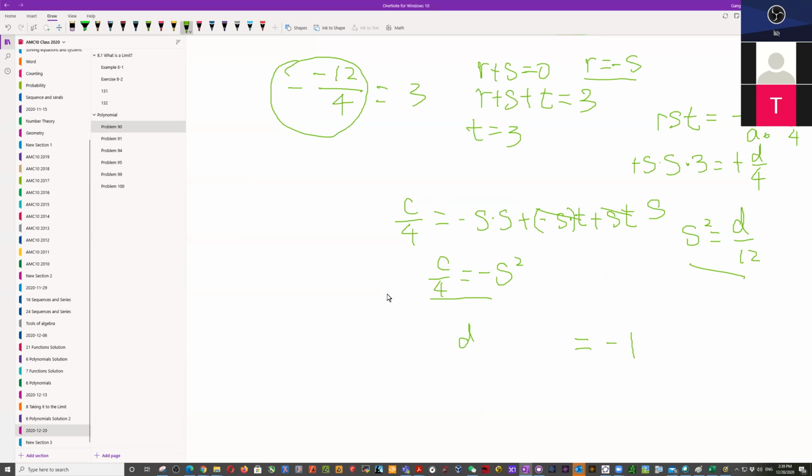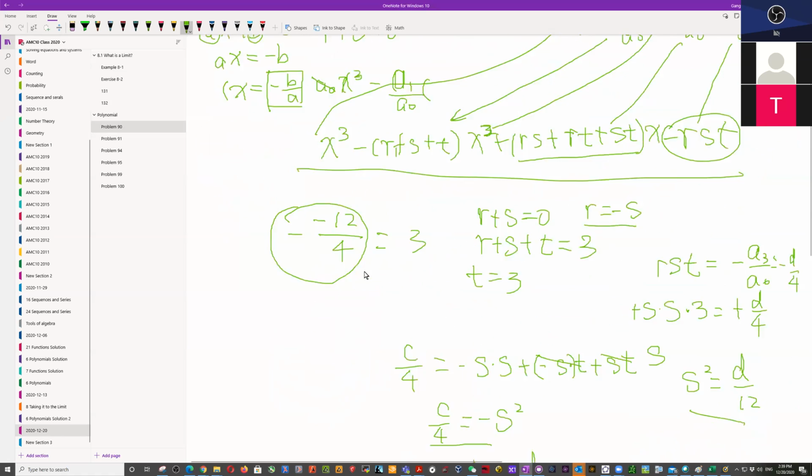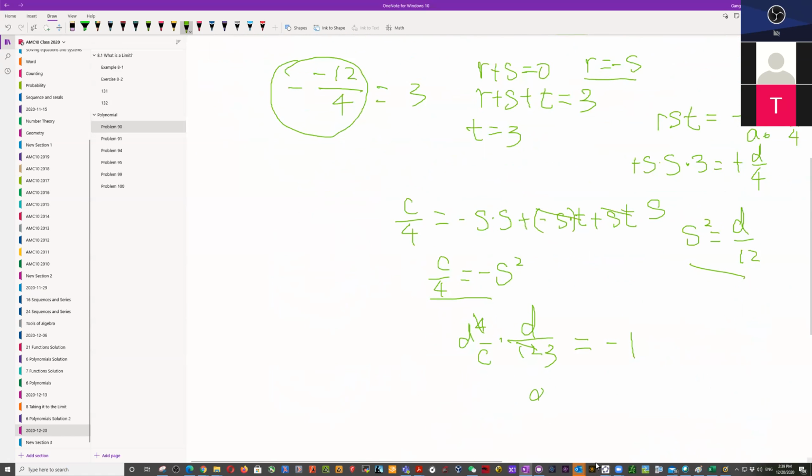So the other side is D over 12, and D over 12 divided by C over 4 means multiplying by its reciprocal, multiplying by 4 over C. I'm going to cancel this out, and it's going to be 3. So basically D over C over 3 equals negative 1. I'm going to multiply 3 on both sides. It's going to be negative 3. So finally we find it.